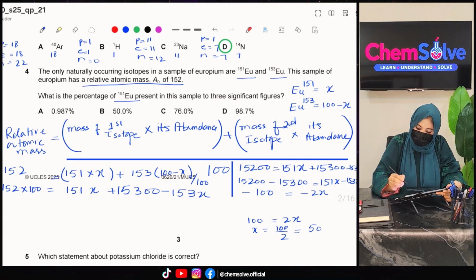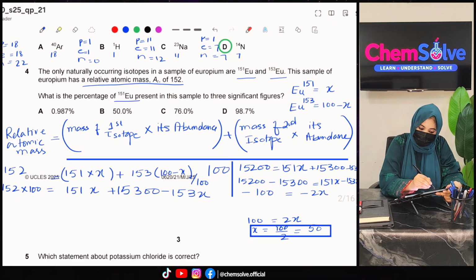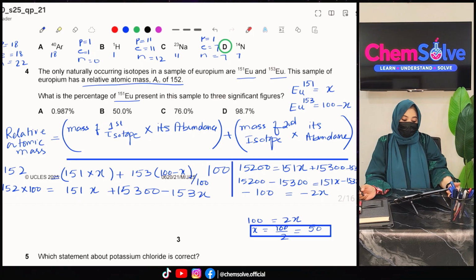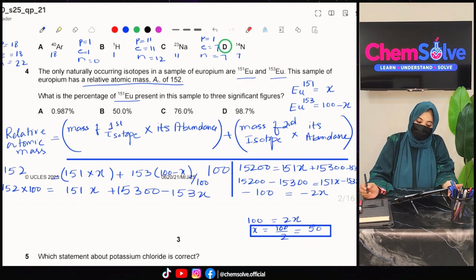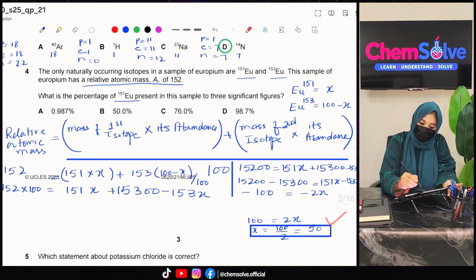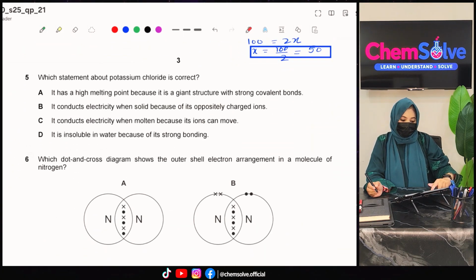So that's how the percentage abundance of 151, which we had supposed x, is 50%. So the correct option is B. For question number 4, the correct option is B.